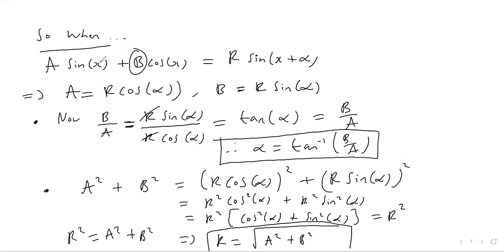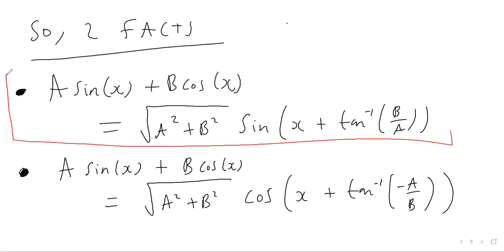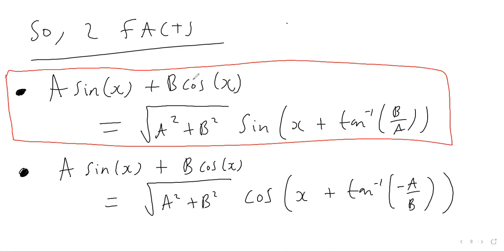So when A sine x plus B cos x is equal to r sine of x plus alpha, it means that alpha must be tan inverse of B over A, and r must be the square root of A squared plus B squared. We're just summarizing all this. So this is a fact.